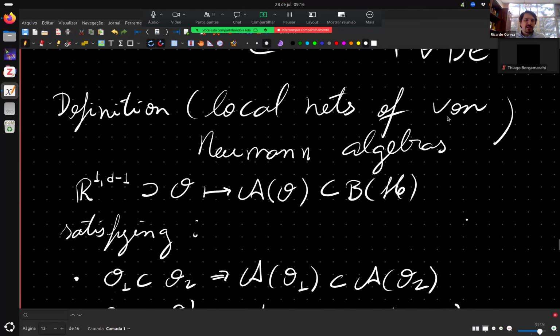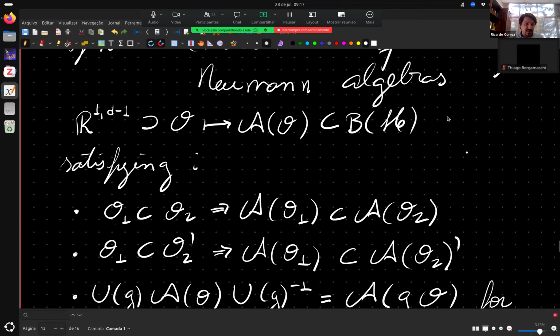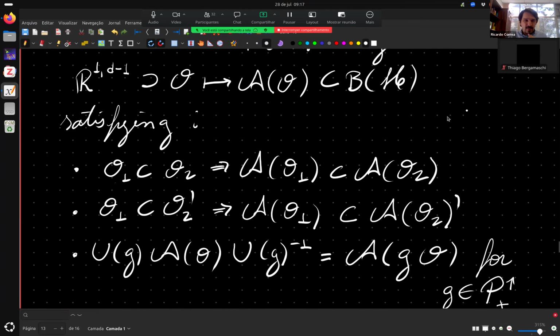Okay, but then we were trying to add one more piece of information that's relevant, namely space-time structure. Here I'm doing free theory, not only because it's the easiest one, but also because it's basically the only one we really know how to do. For every region of my Minkowski spacetime, I can associate some algebra related to the observables.